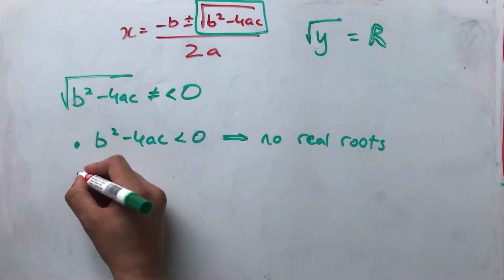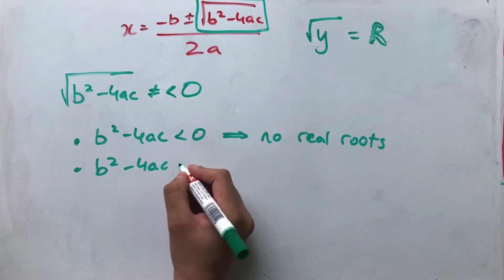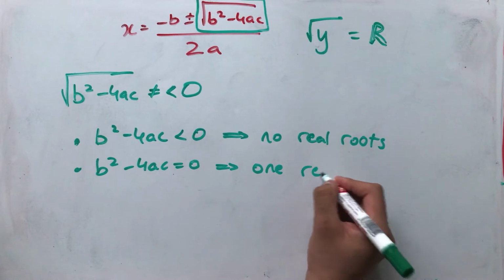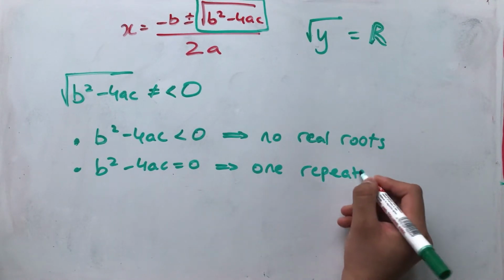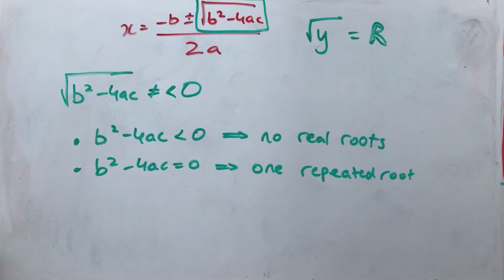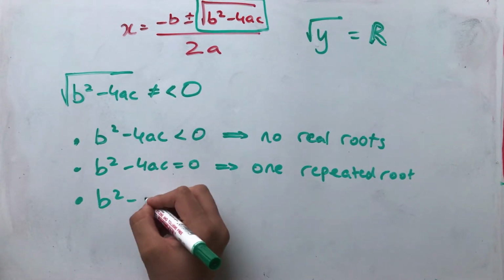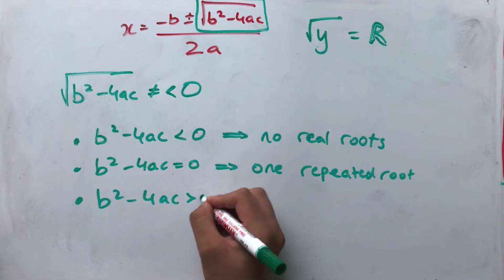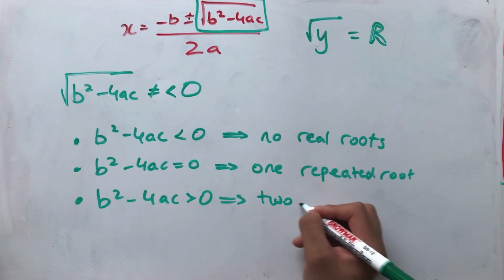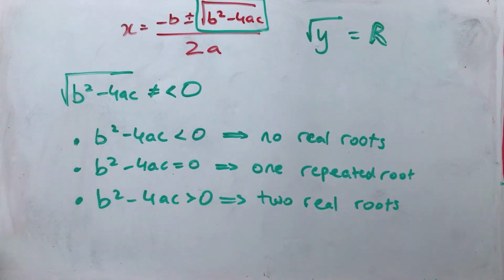Second rule, if b squared minus 4ac is equal to 0, it has one repeated root. Now you might be thinking, what's a repeated root? I promise I'm getting there, bear with me. The last rule is if b squared minus 4ac is greater than 0, it has 2 distinct real roots, 2 roots that are different to each other.